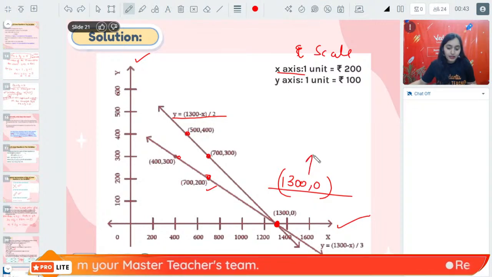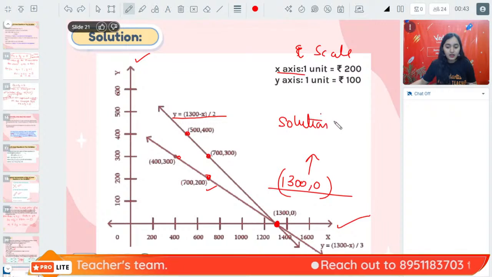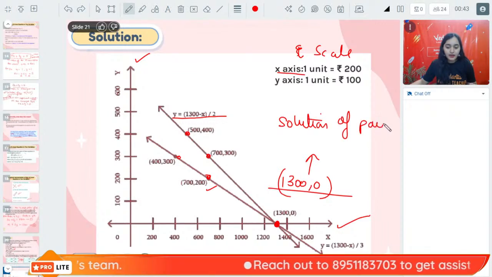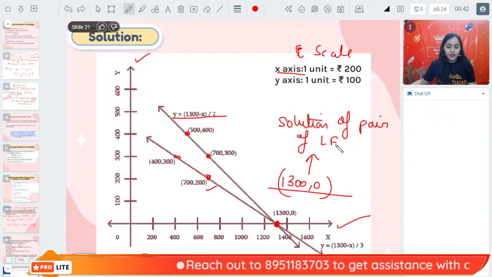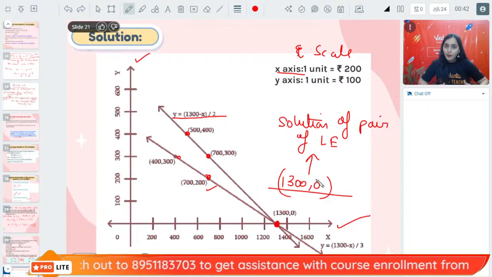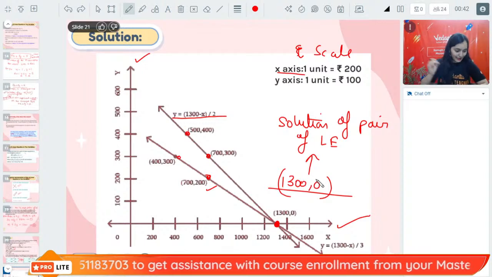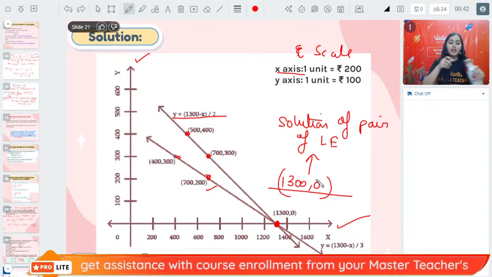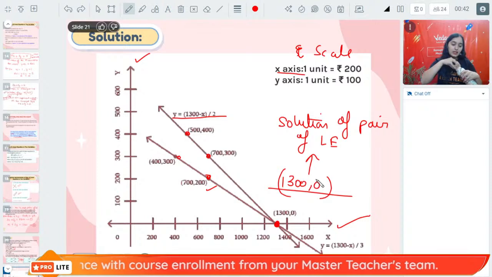That means this point is basically the solution of the pair of linear equations. It is the solution which is common in both the linear equations.